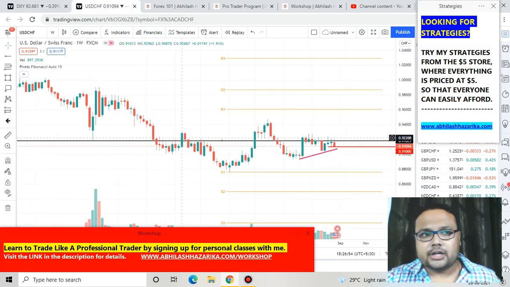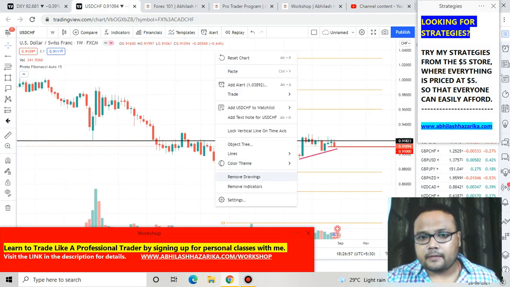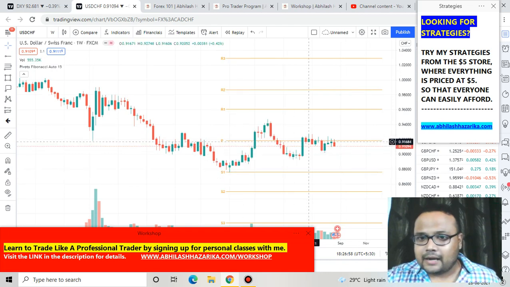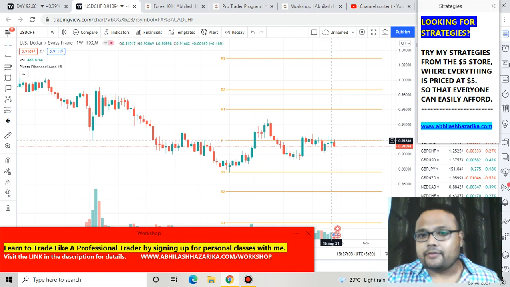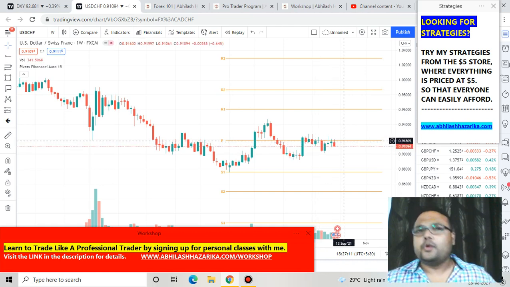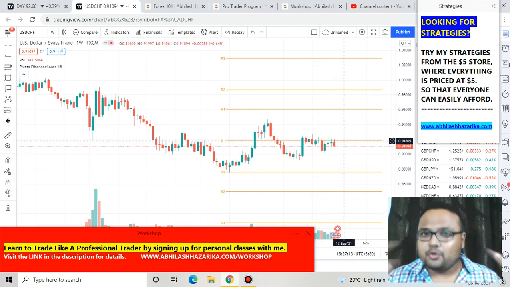This is the weekly chart of USDCHF, and you can see that the market is unable to cross this level for quite some time. You can see 1, 2, 3, 4, 5, 6, 7, 8, for more than 2 months USDCHF is struggling to cross this level.